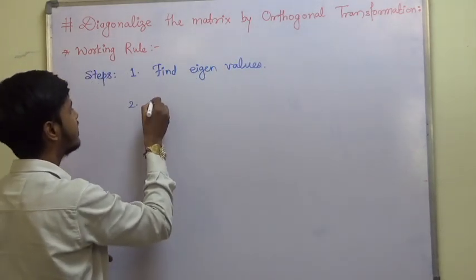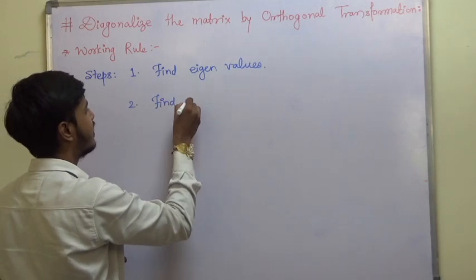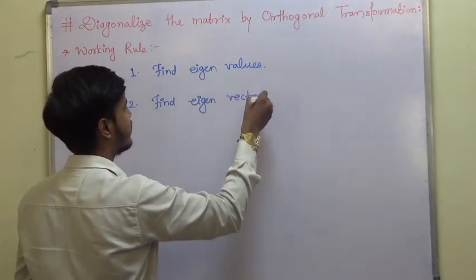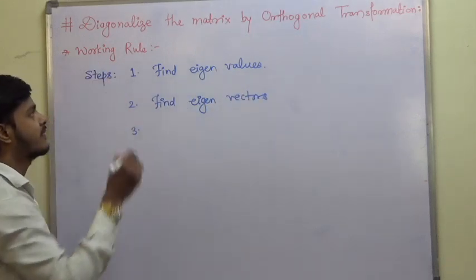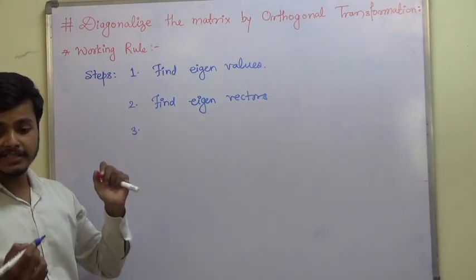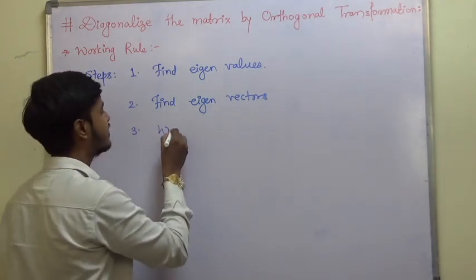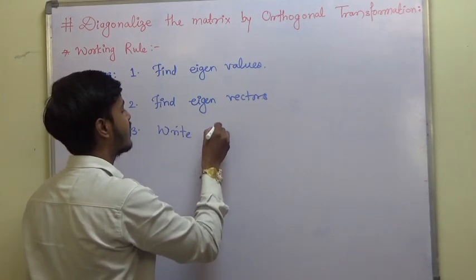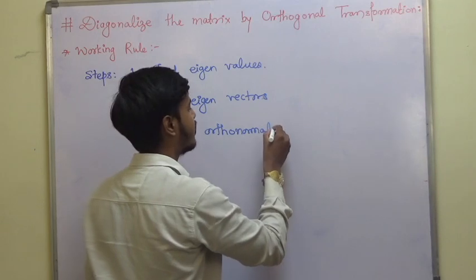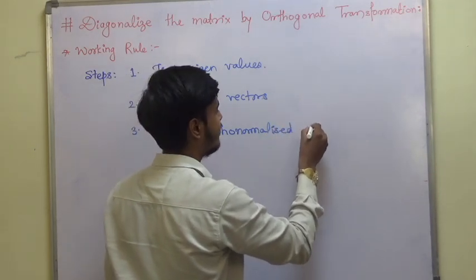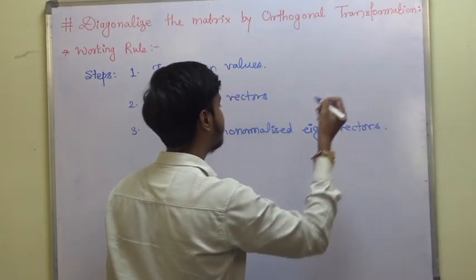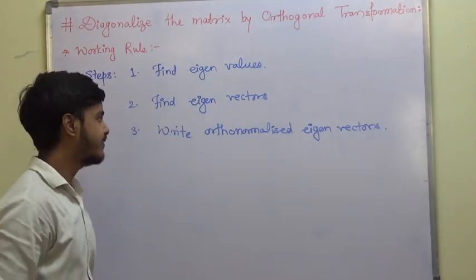Second, find eigenvectors. Then the third step is to write orthonormalized eigenvectors. I will tell you how to find the orthonormalized eigenvector.